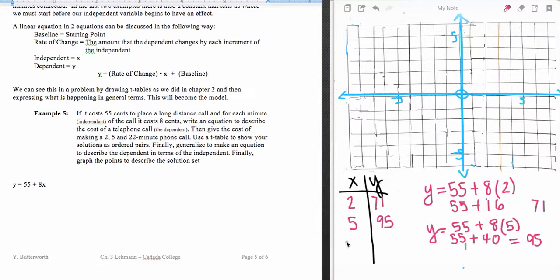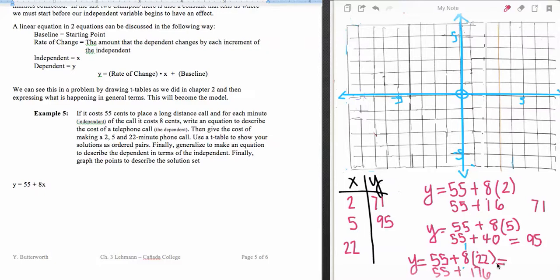And then last but not least, we're going to do a 22-minute phone call. So y is equal to 55 plus 8 times 22. This time we have 55 plus, and we have 2 times 8, which is 16, carry the 1, so 16 plus 1, which is 17.